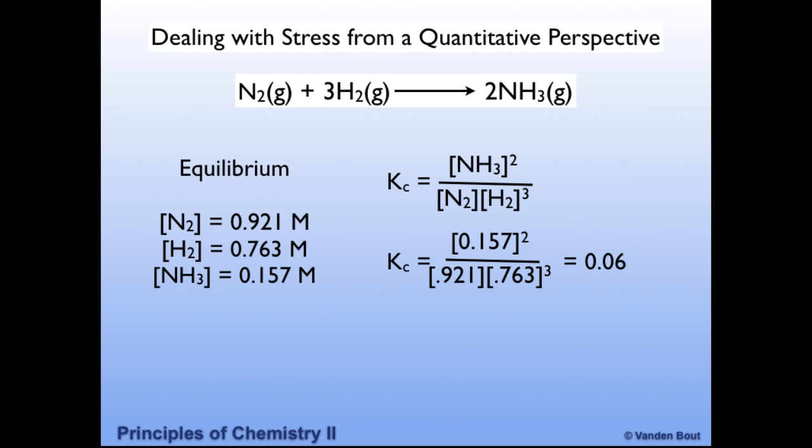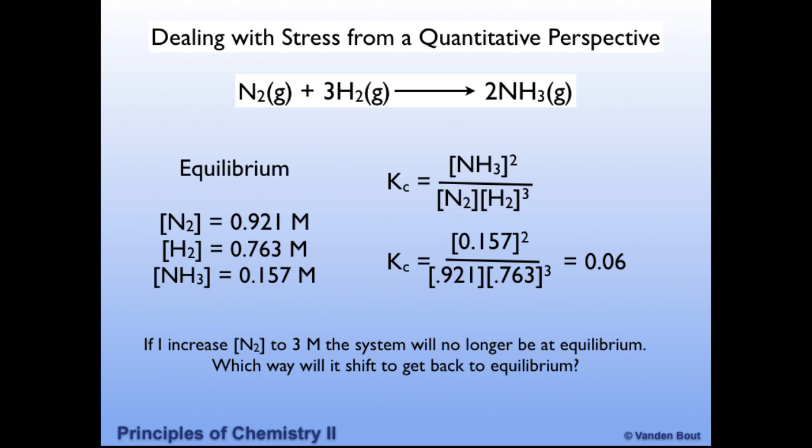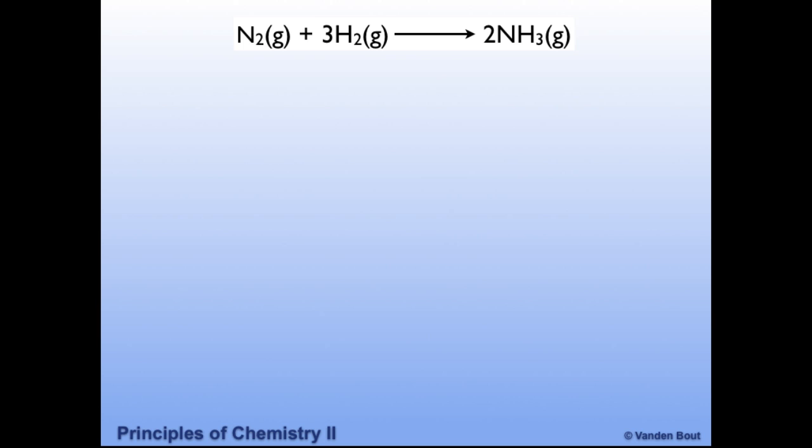I plug all those numbers in, and I find that the equilibrium constant for this reaction, at whatever temperature this happens to be, is 0.06. Now, what's going to happen if all of a sudden I increase the nitrogen concentration from a little less than 1 molar all the way to 3 molar? The system's not going to be at equilibrium anymore, and which way will it shift to get back?